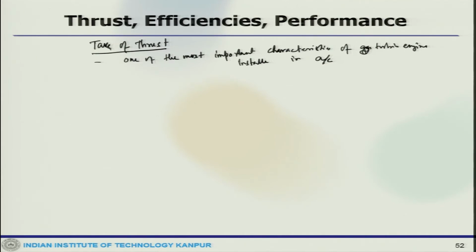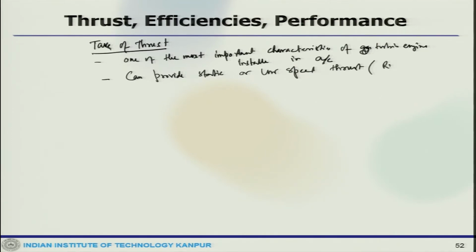So, it can provide static or low speed thrust, ramjet cannot. So, this takeoff thrust is very important, because this can only be produced when we have this combination of compressor and turbine, but it can provide static or low speed thrust.